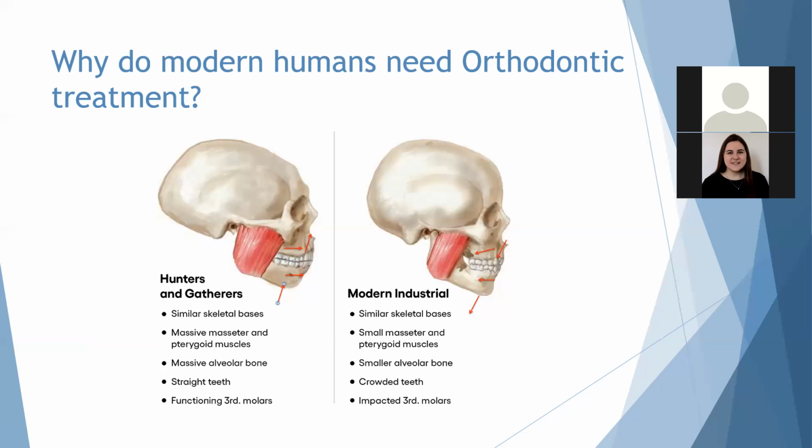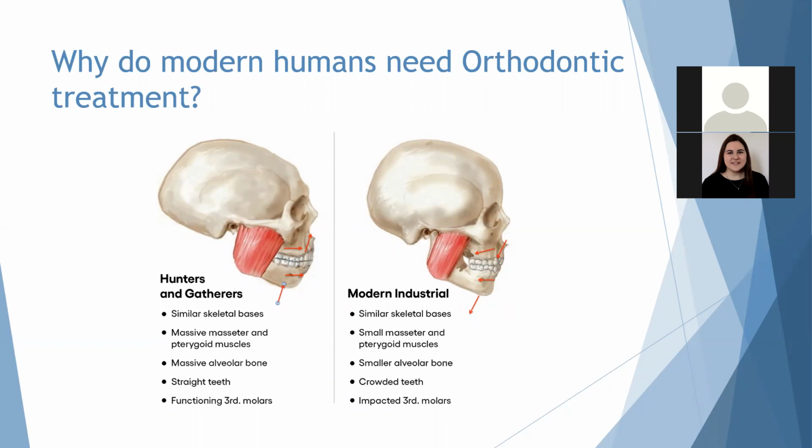And one other thing is that the alveolar bone is much, much bigger in the hunter-gatherer humans compared to the modern humans. And all of that has somehow resulted in us having crowded teeth when our ancestors actually were completely okay and had straight teeth.